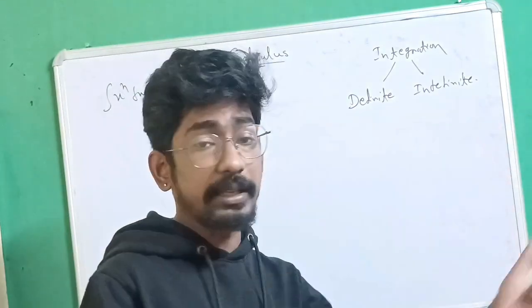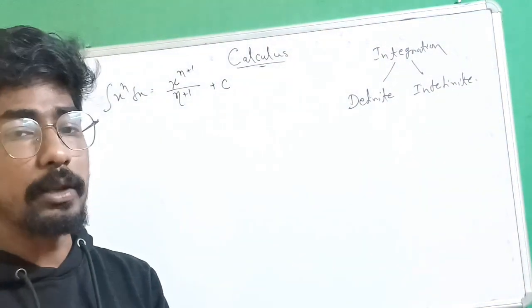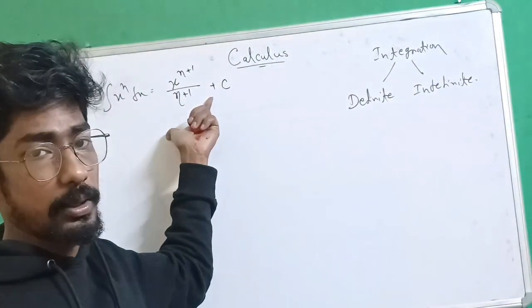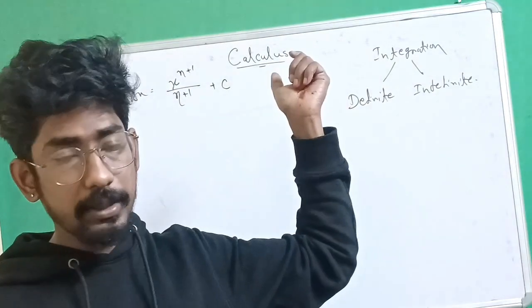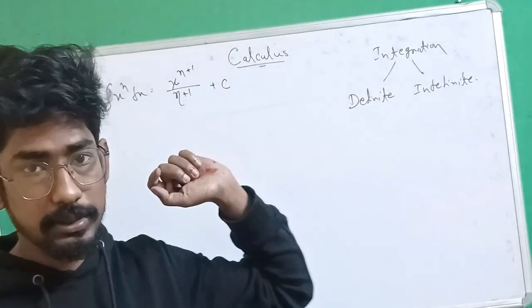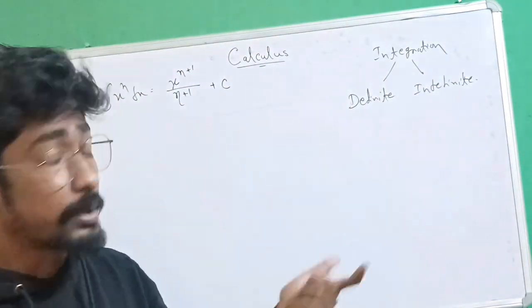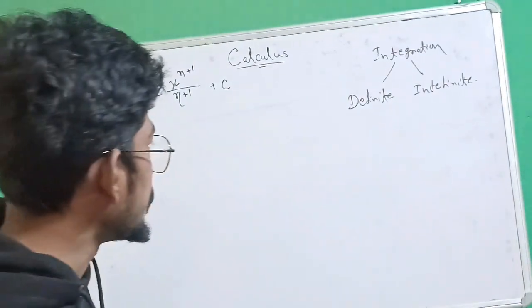In an indefinite integral there is no boundary. If the boundary is given, it becomes a definite integral. In case of the indefinite integral, you will get this integration constant. The value of this constant may be 1, may be 2, maybe some function, anything. It is a constant.